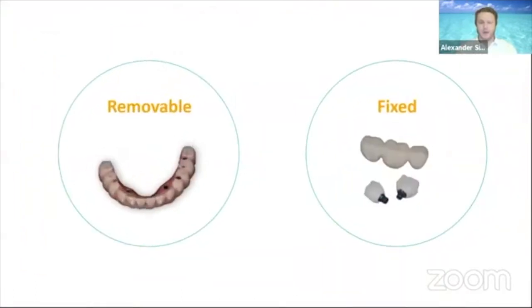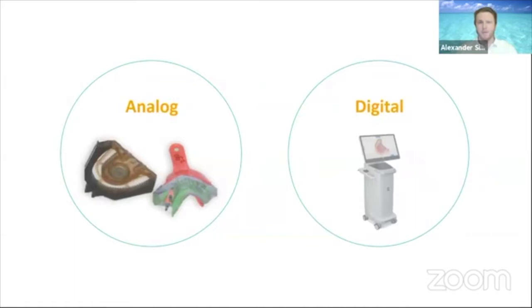Okay, there are a lot of types of prostheses on implants. We can divide them into removable and fixed prostheses. By the type of production, we can divide them into analog and digital prostheses.